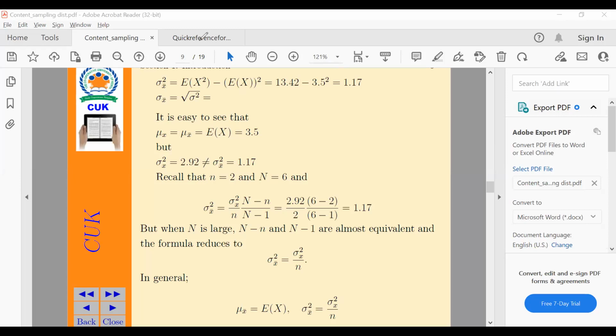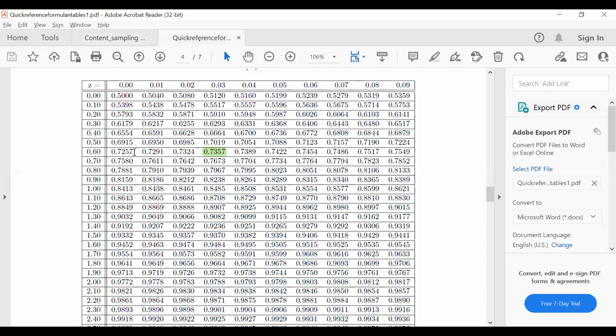Yeah, they are here. So I'll look for 0.6 and read this. This is the value, 0.7257.